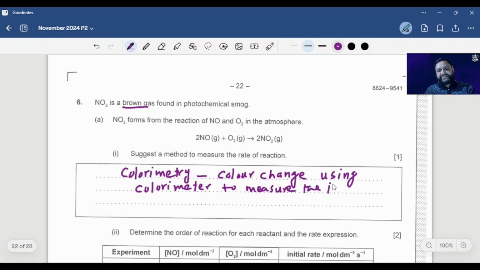Measure the intensity of color change with time.